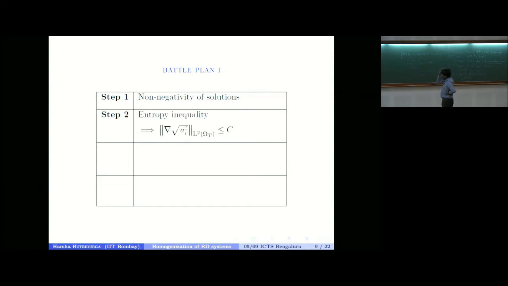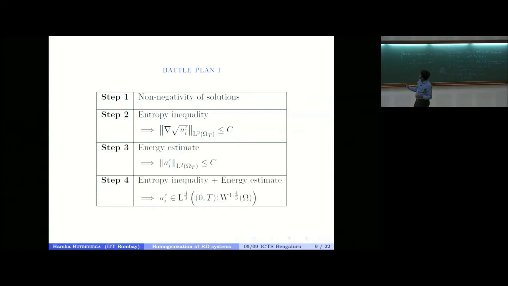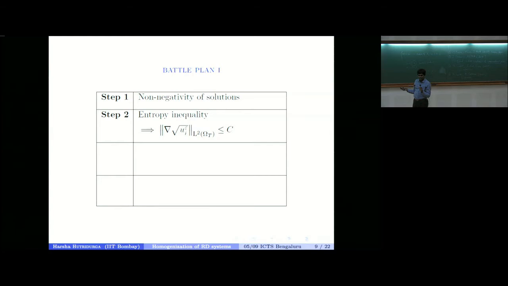Then we prove, I showed you these entropy calculations. Using similar calculations with the logarithms, you can show that the L2 norm of the gradient of the square root of u_i epsilons is bounded uniformly. All these constants, whenever C appears, it's always uniform in epsilon, okay? This is our second step, which I call the entropy inequality.